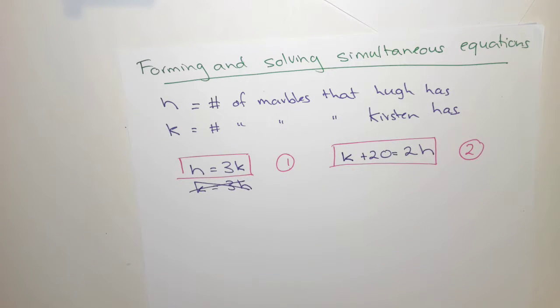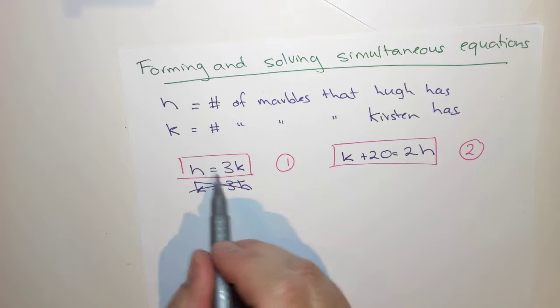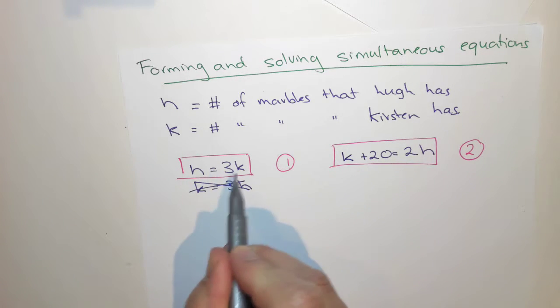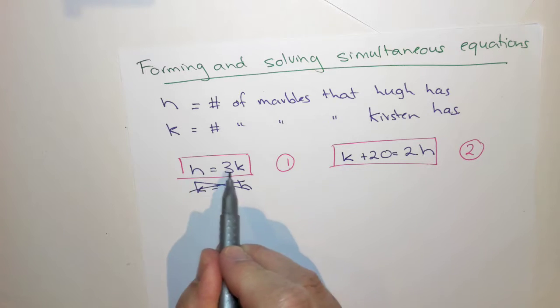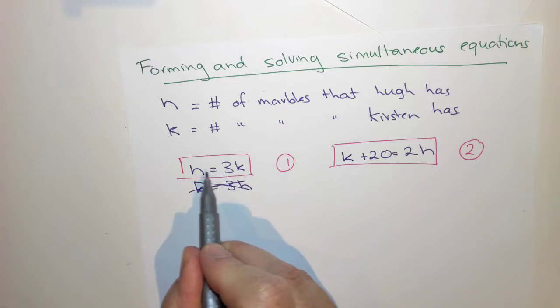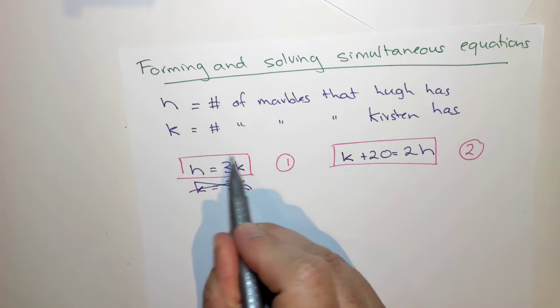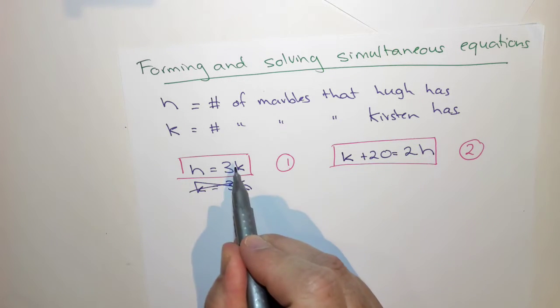So now that we've got 2 equations, we've formed those equations, now we can go and do the algebra to solve it. So what I'm going to do is I'm looking at this equation here, H equals stuff. I'm going to substitute equation 1 into 2. So I'm going to replace the H in this equation here with what H is equal to, which is 3K.